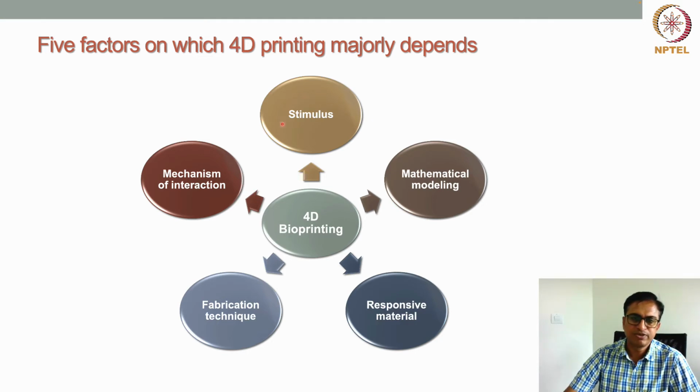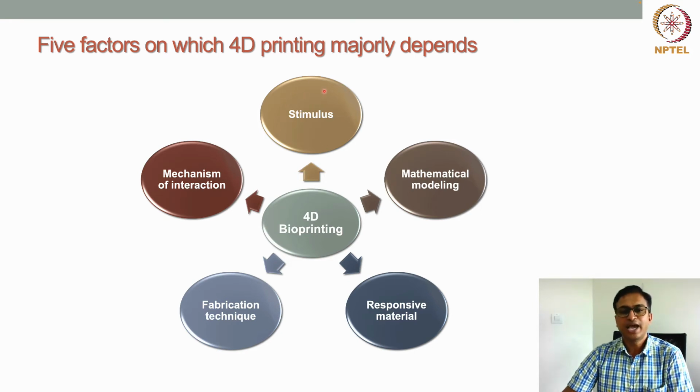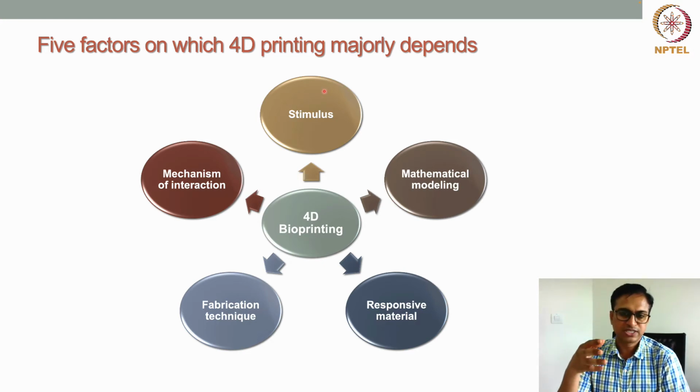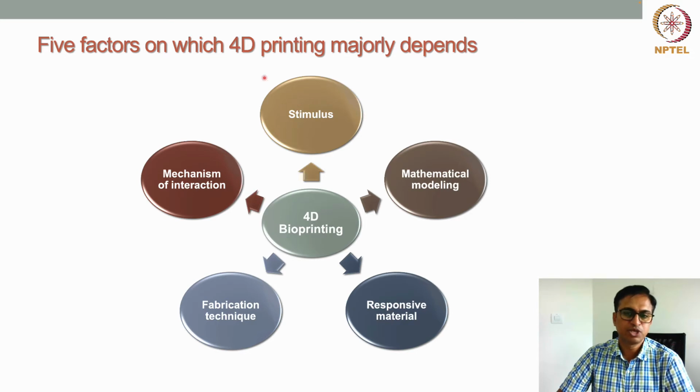After the stimulus is given, if changes happen, then we have 4D bioprinting. It depends on what type of stimulus is given, and whether that 3D bioprinted structure is responsive to that stimulus or not. So 4D bioprinting depends on this stimulus.